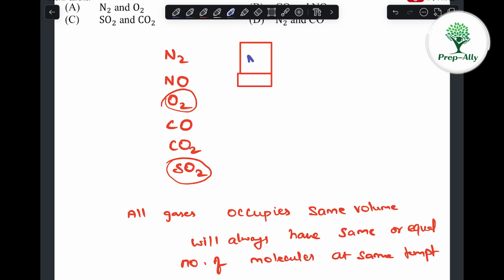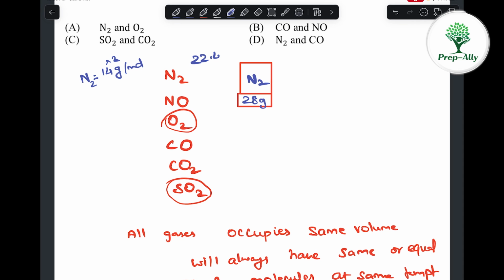So 1 N will weigh 14 gram per mole and N2 will weigh into 2. So it is going to be 28 gram. Let's say all are occupying 22.4 liter, which means 1 mole of gas will be there. Avogadro's hypothesis.